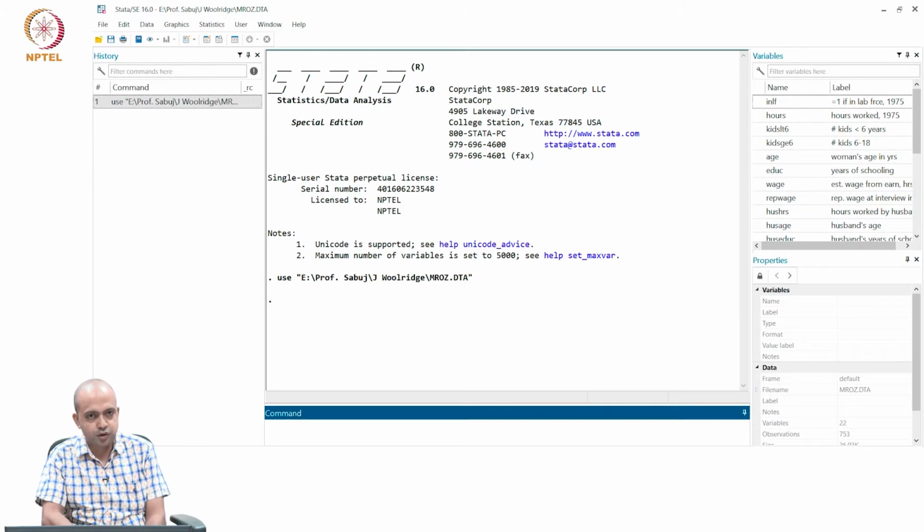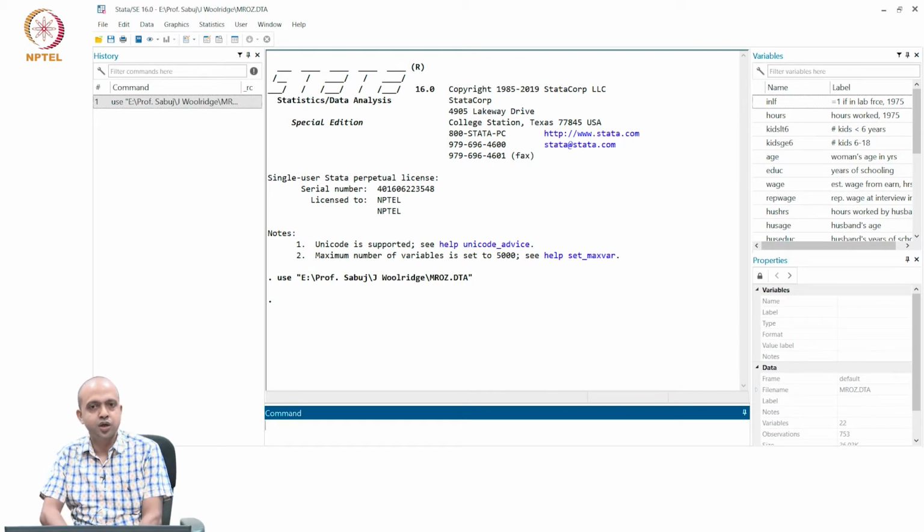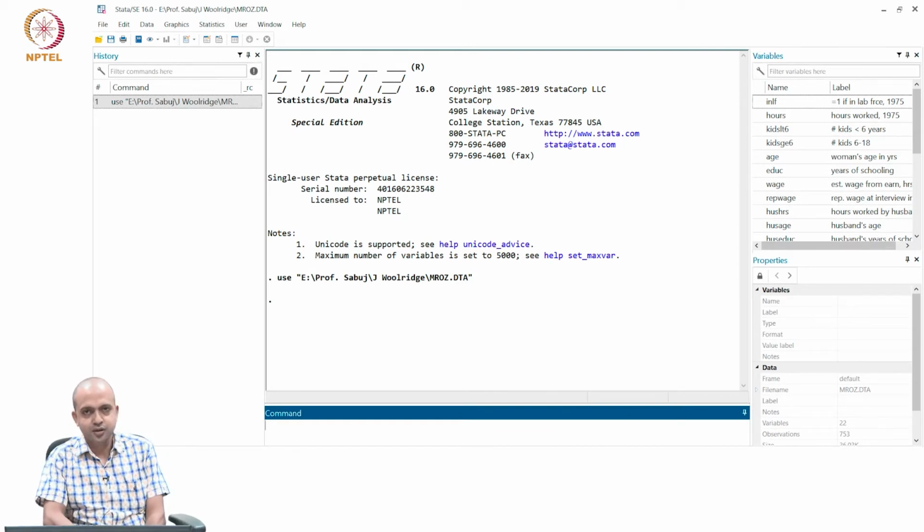In the linear probability model, logit model and probit model, we are interested in estimating the probability of labor force participation by a married woman given her socio-economic and demographic factors. So, given a particular married woman's age, education, number of kids and husband's wage, we predict the probability that she will participate in the labor force.